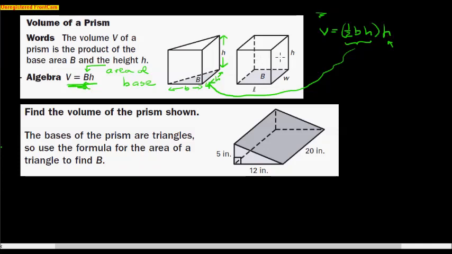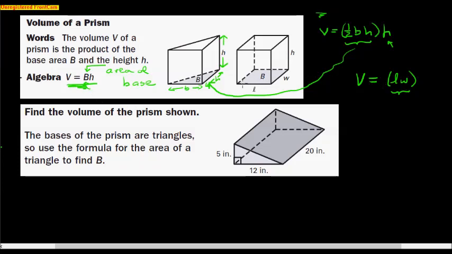The way I try to think of it is I'm taking the area of just that little slice down there, and then I'm pushing it through this whole height. That's what this height is for. So if I were taking the area of this guy, I would be taking length times width. That's the area that takes the place of the big uppercase B over here.